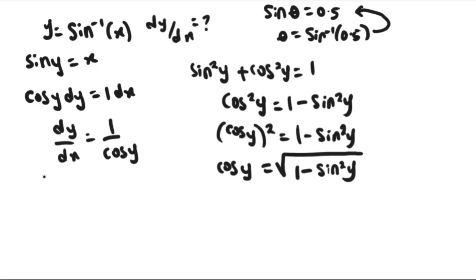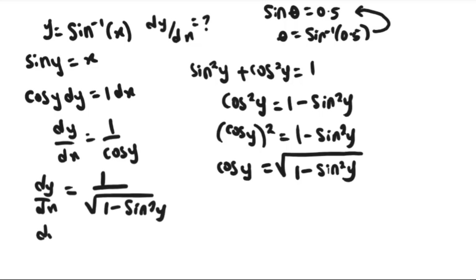So it means that dy/dx here will give us 1 divided by the square root of 1 minus sine square y. Now, since sine y is x, sine square y will give us x squared.